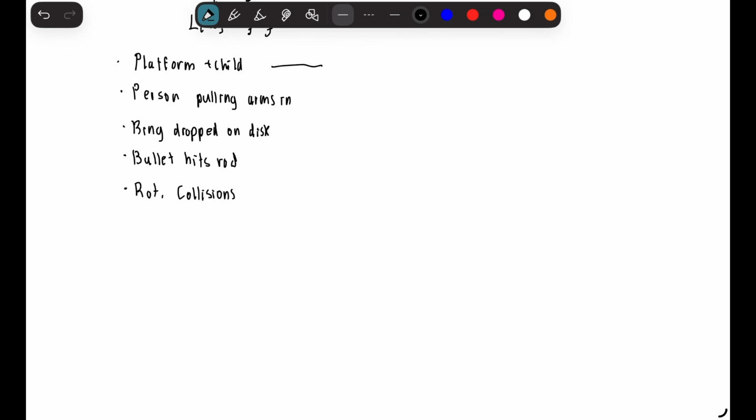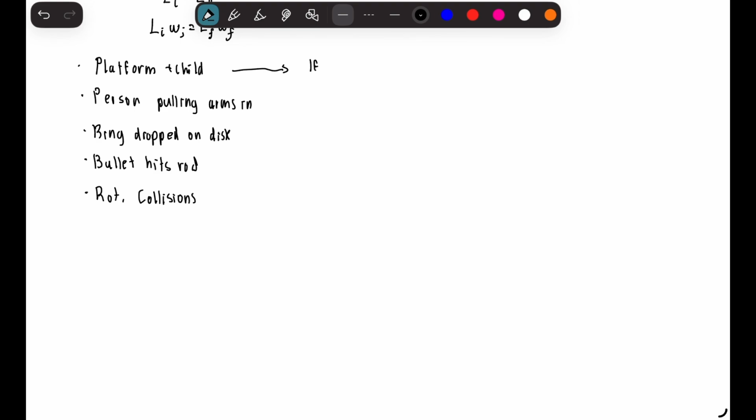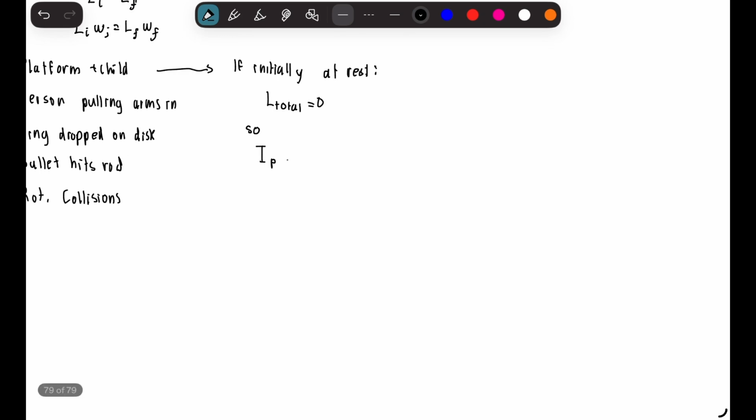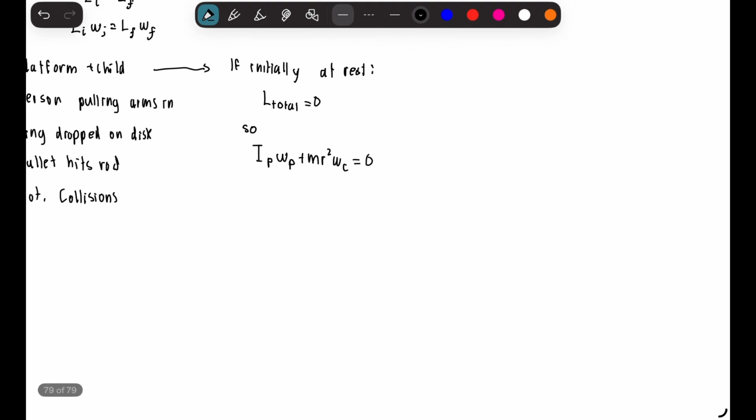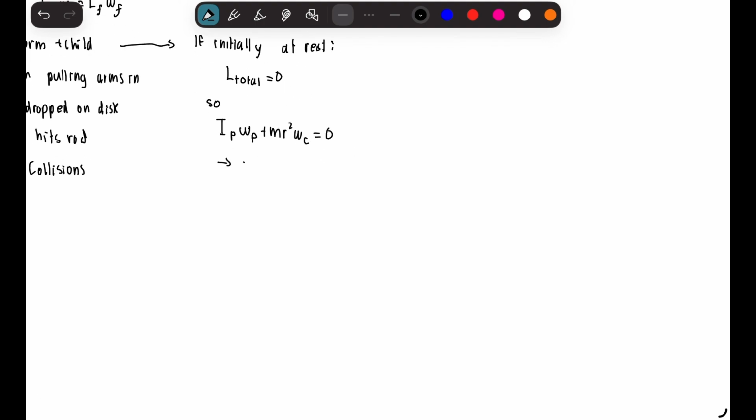If you have this platform and a child specifically, if you are initially at rest, L total is equal to 0. So you can write I of the platform, omega platform, plus mr squared omega child is equal to 0. So this is why the platform would rotate opposite.